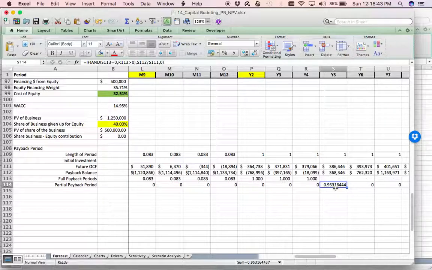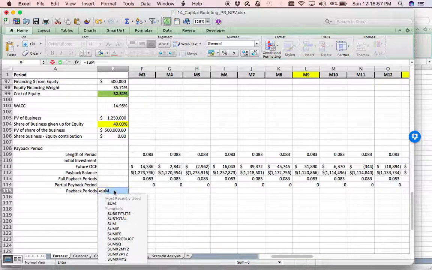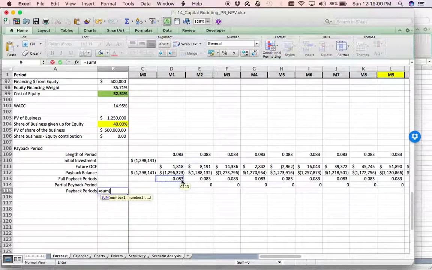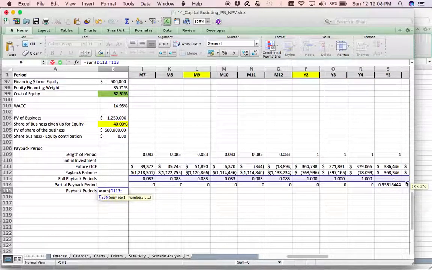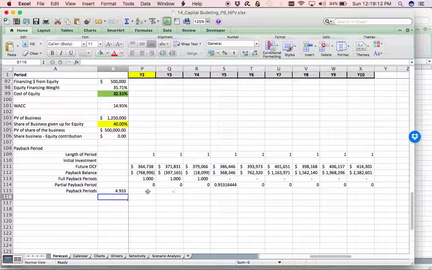And so we need to figure out how much we paid back in this period. And that's what that's doing. And you'll see why. The reason is because then payback periods is simply equals the sum of all the periods that it was paying back, but hadn't paid back all the way, plus the partial period that it did. So it comes back and says, oh, it's going to take about 4.953 years to pay this project back.